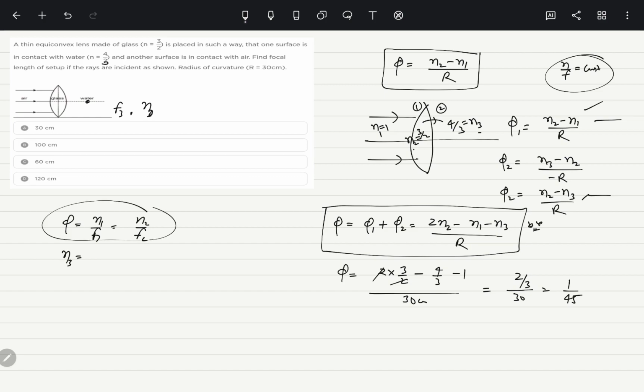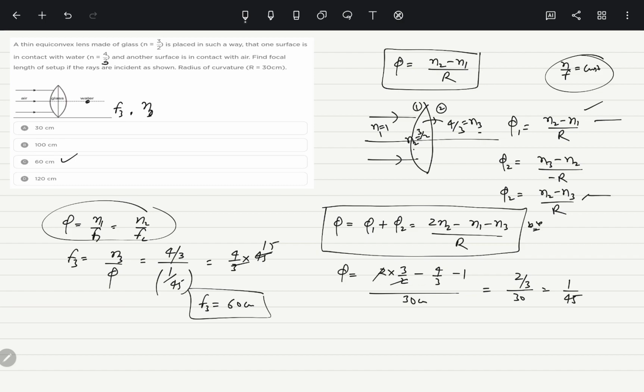From this relation we can write f3 as n3 divided by phi. This phi will be constant. I hope you understood this relation. Now n3 is the refractive index of that medium, 4 by 3 divided by 1 by 45. So it's coming as the focal length in the water medium, 60 centimeter, and that is the answer.